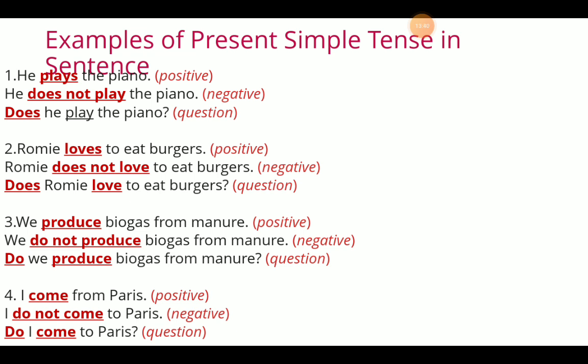The main verb plays should be split as does plus play, right? So in between does and play, you should bring the word not. In between these two verbs, the word not should come. So the answer, he does not play the piano.